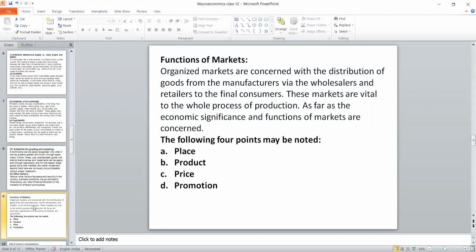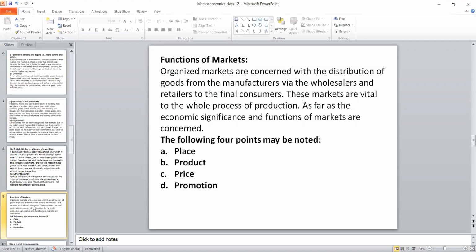So in other words, market is a place which connects the manufacturers and distributors. There are four elements in the distribution of product. One is the manufacturer, who produces a product, and it will move to the wholesaler. The wholesaler will supply to the retailer, and the retailer will distribute to the final consumer.